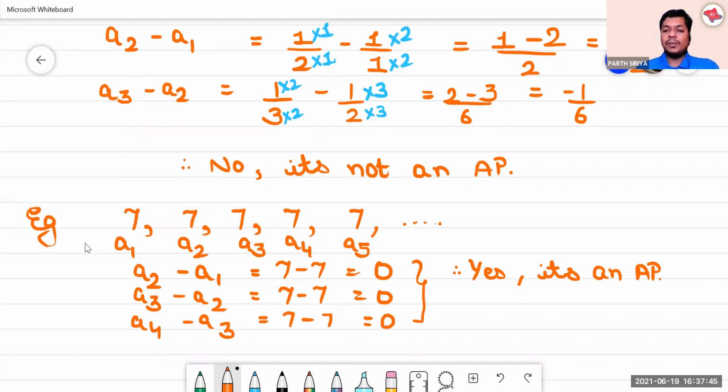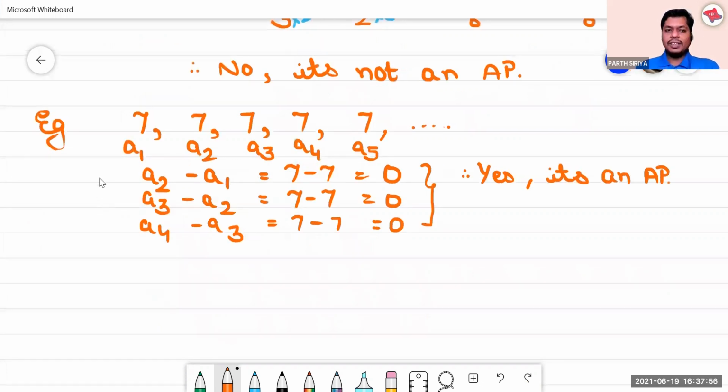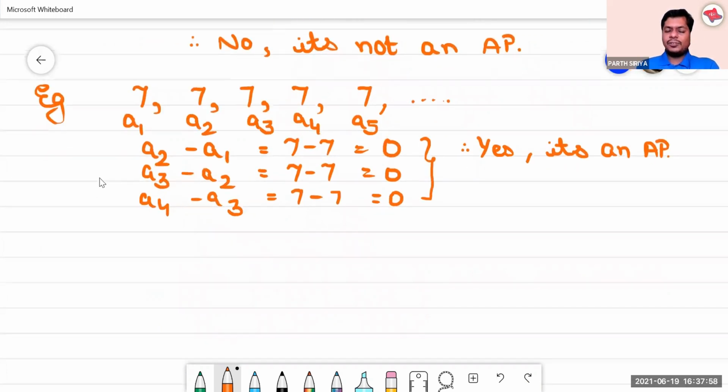Okay. Now we are going to learn a formula to derive an AP. Now that's going to be again interesting. And the formula is very simple.